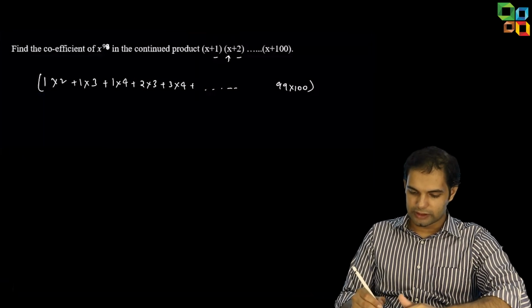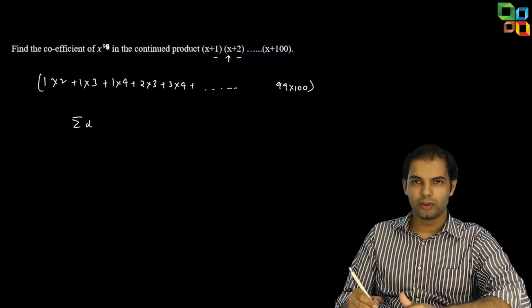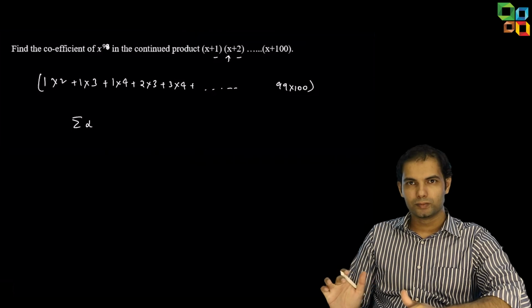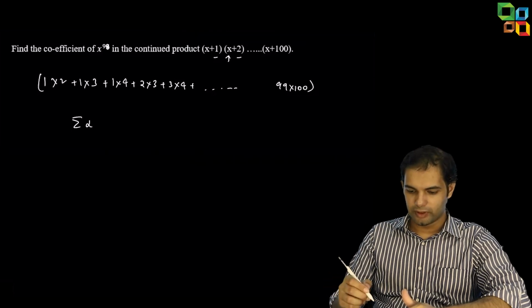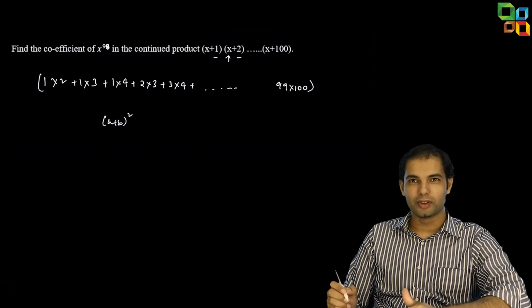One thing, do we know what is summation alpha? In general, when I say summation alpha, what does it mean? No. Okay, let me give a better example. So let me say a plus b whole square. This we know, right? What is a plus b whole square?